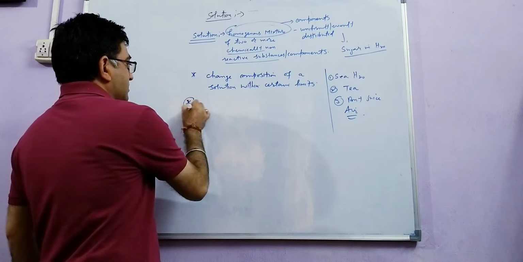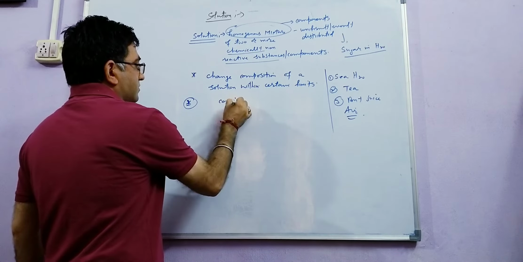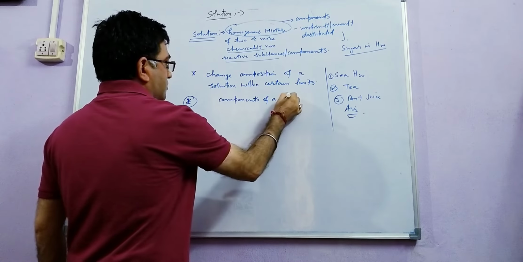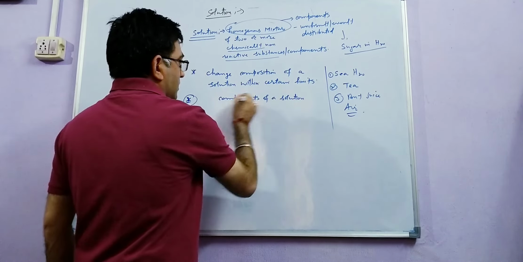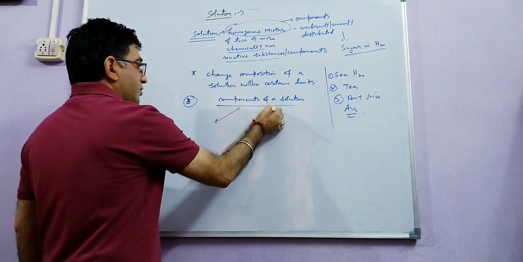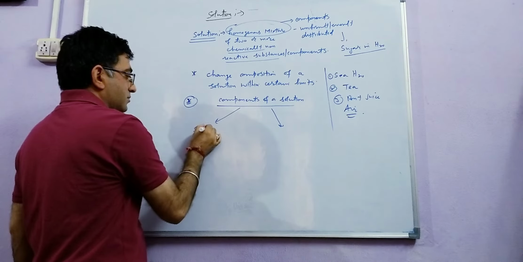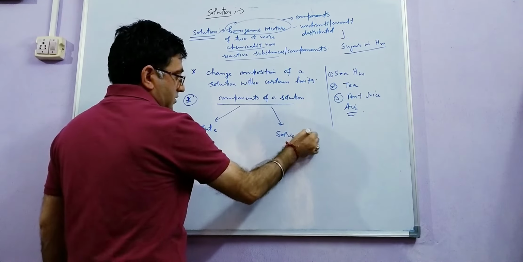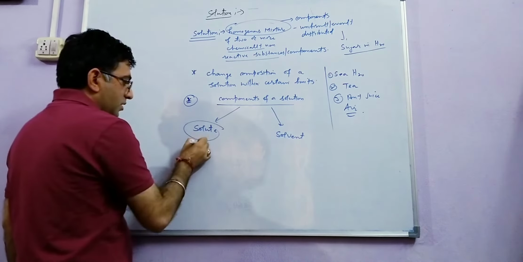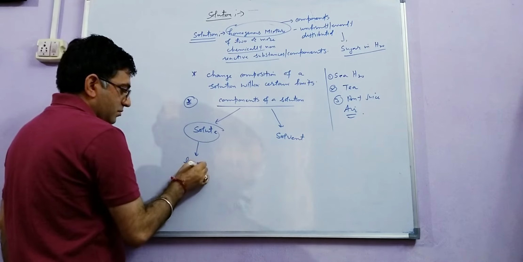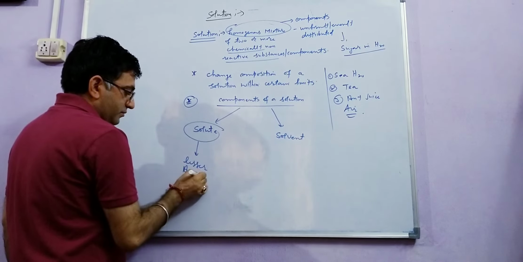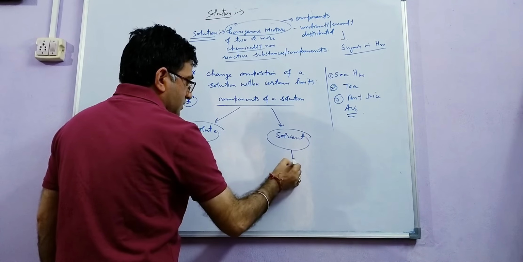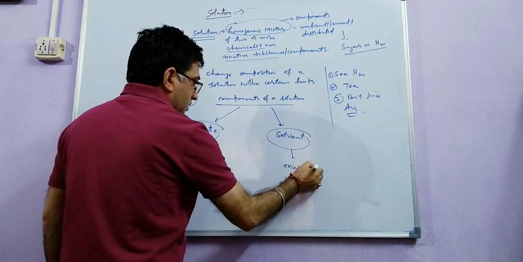Now next, components of a solution. There are mainly two components. One is called solute, one is called solvent. Solute is the component present in lesser amount. Solvent is the component present in excess amount.